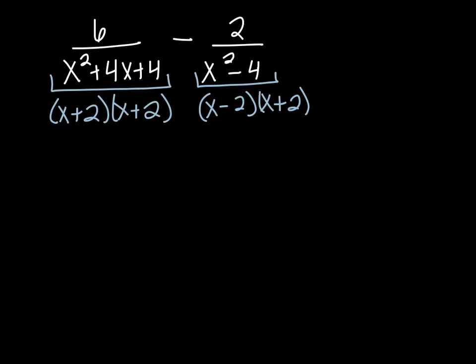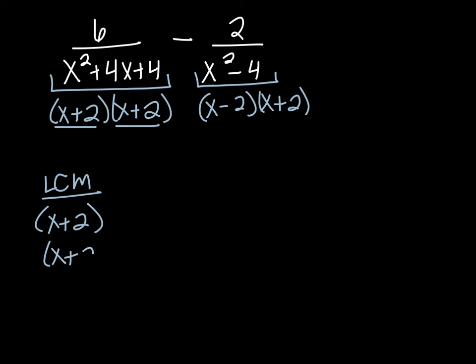So now I need a least common multiple. This first one, I need 2 of these. So I need an x plus 2 and an x plus 2. This one, I need an x minus 2 and an x plus 2, but since I already have one, I don't need to add another one.